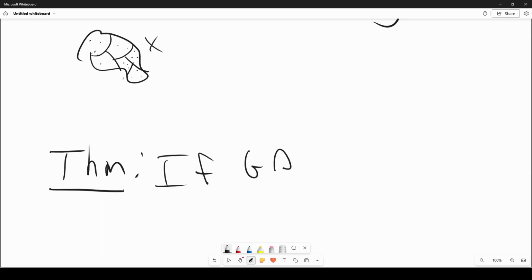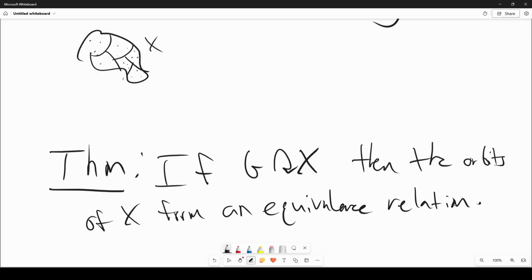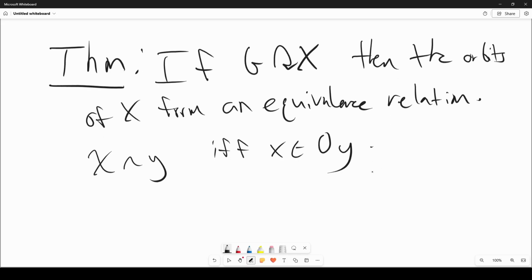So if the group G acts on a set X, then the orbits of X form an equivalence relation. More specifically, X is equivalent to Y if and only if X is in the orbit of Y. Okay, let's prove this.